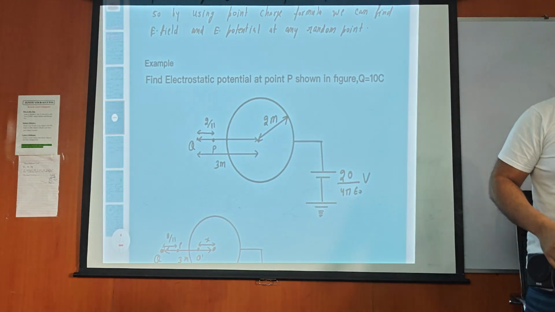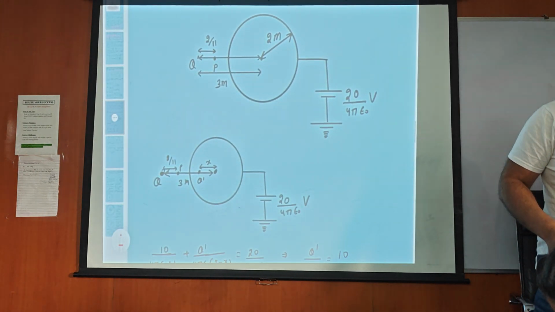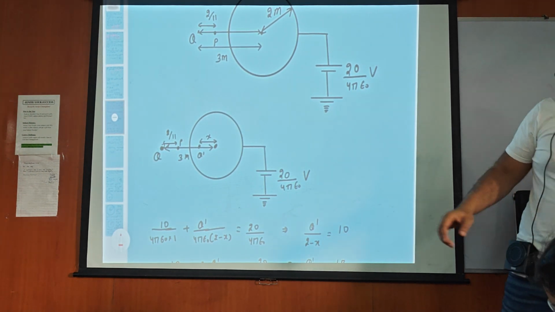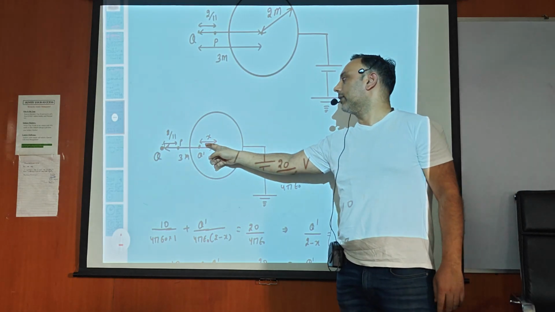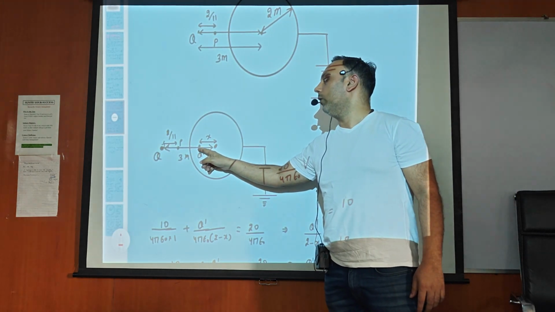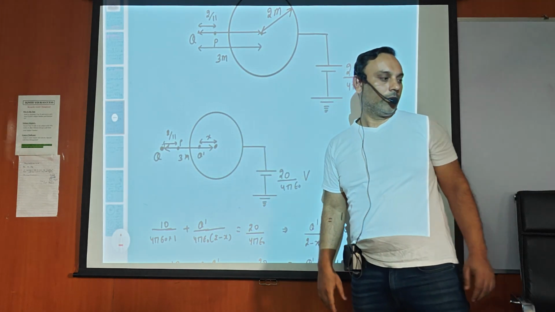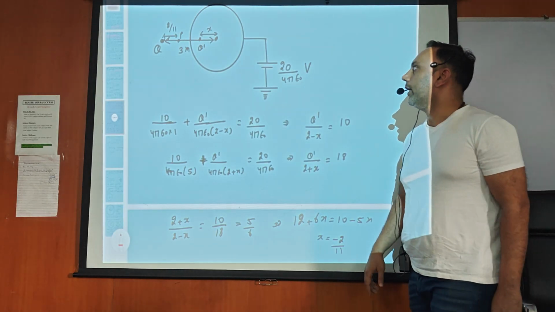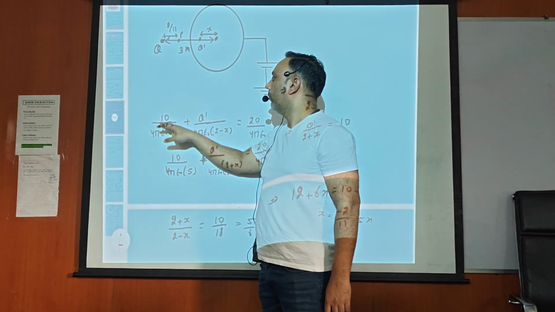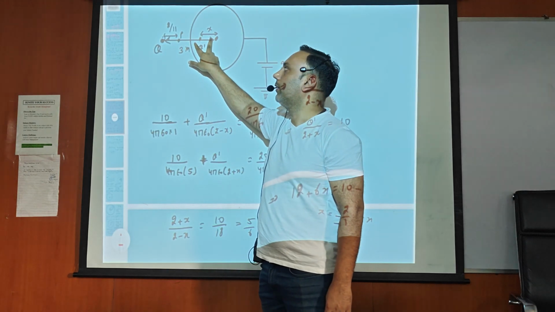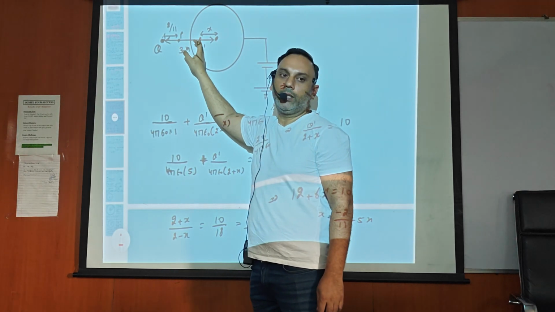So this question I have solved. Now I am assuming that at a distance x from the center we have some charge q dash which is producing 20 volt of potential at these 2 points. Then I am writing the equations. 10 coulomb by 4 pi epsilon naught into 1, because the total was 3 meter and the radius is 2 meter, so this length is 1 meter.